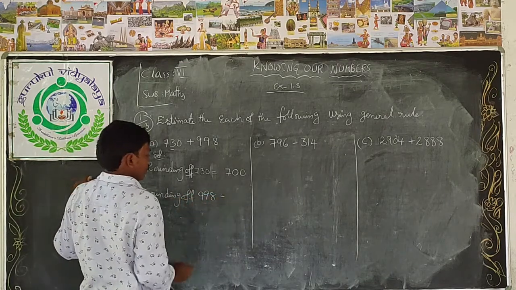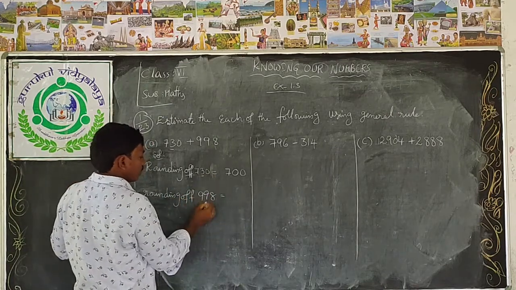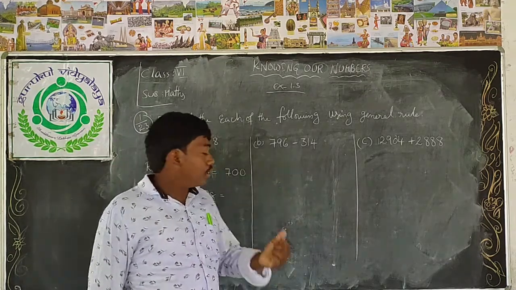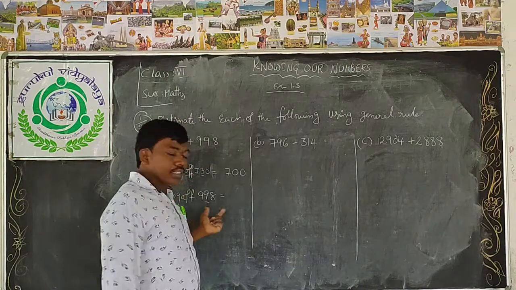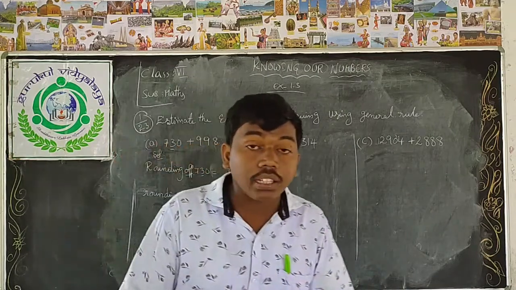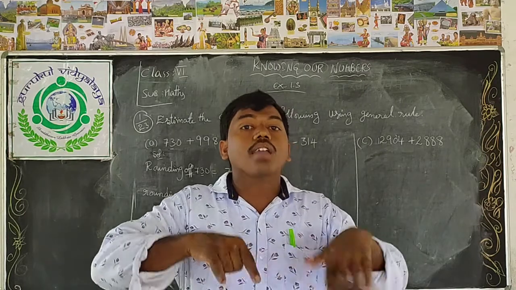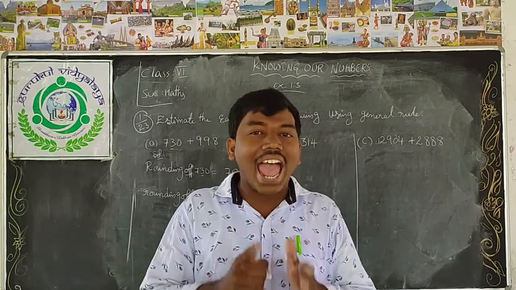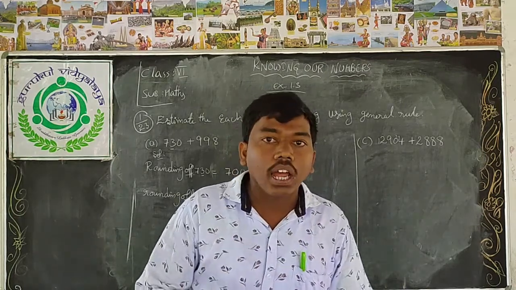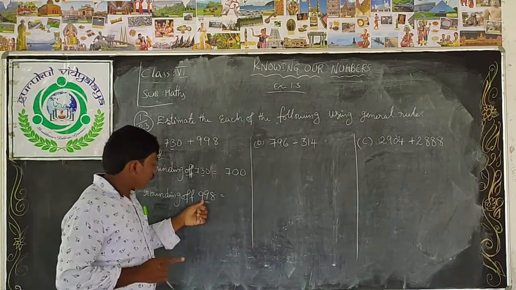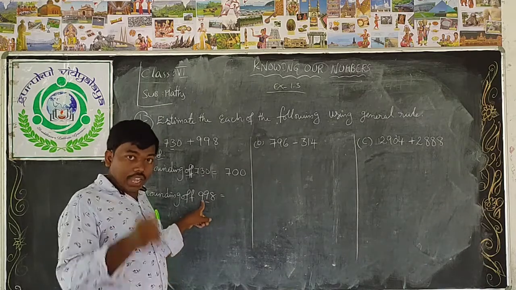Like that, rounding off 998, again check the tens place value. Rounding off to hundreds means check the tens place value. If the tens place value is 5 or more than 5, we add 1 to the hundreds place value. This is the hundreds place value, which is 9.